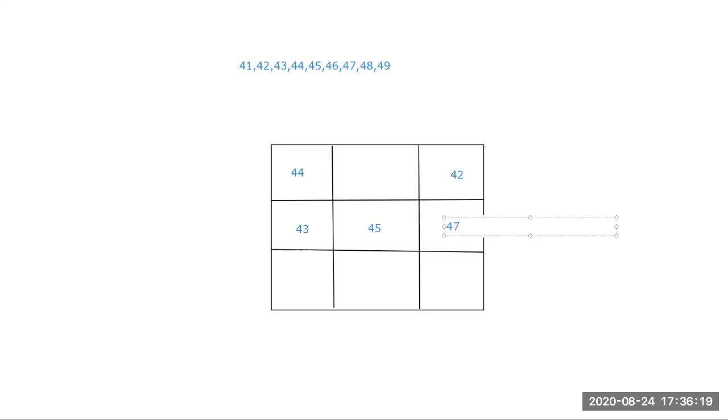You can take any random 9 consecutive numbers. Now 47 minus 1, 46. We write 46 in the bottom right corner. Now we subtract 45 minus 4, which is 41 in this case.